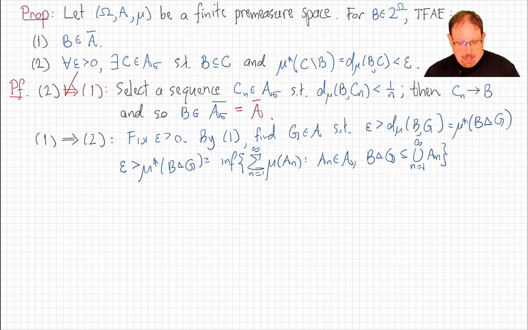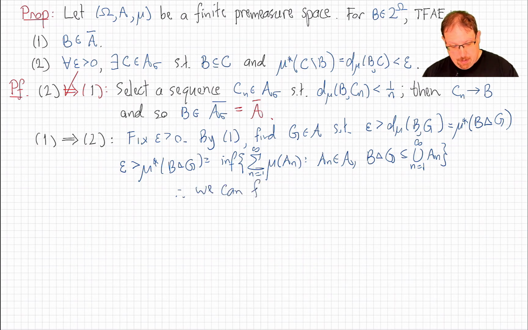So we see that the infimum of this set of possible sums is strictly less than epsilon. That means that we can achieve a value for such a sum less than epsilon with some sequence.